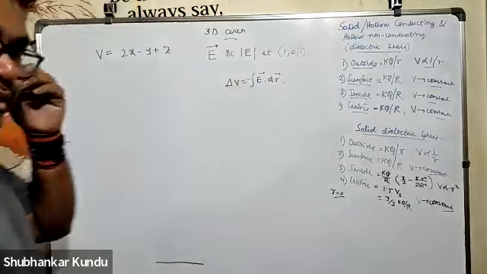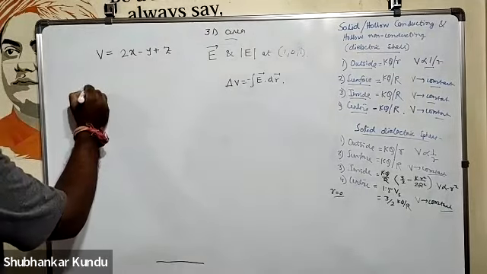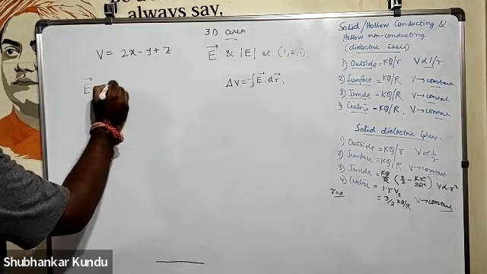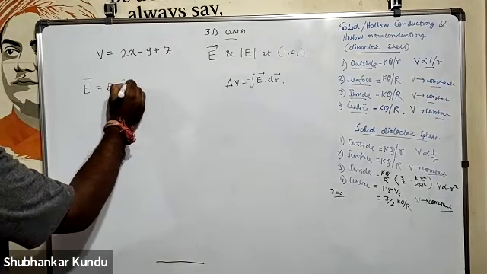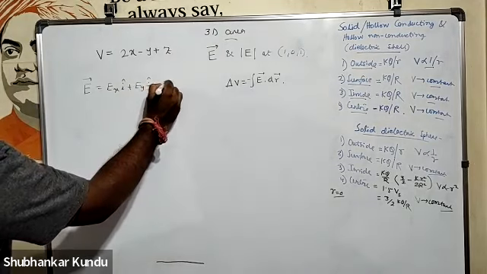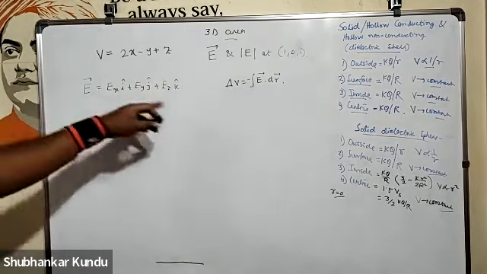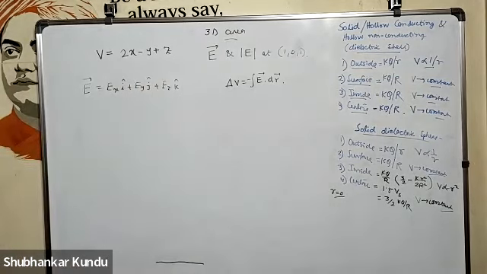Remember this formula, that derivation. Okay, let us see that example. What is E? E is nothing but Ex i cap, Ey j cap, Ez k cap. That is our electric field vector. Now, if I can find out Ex, Ey, and Ez, I can calculate the electric field.